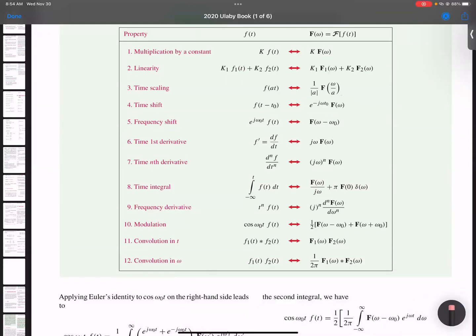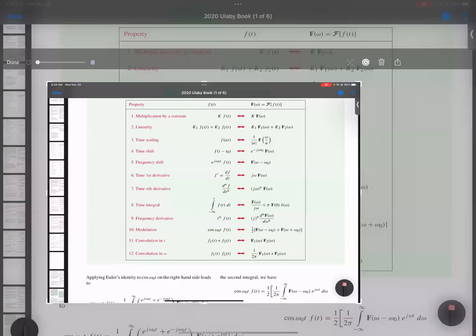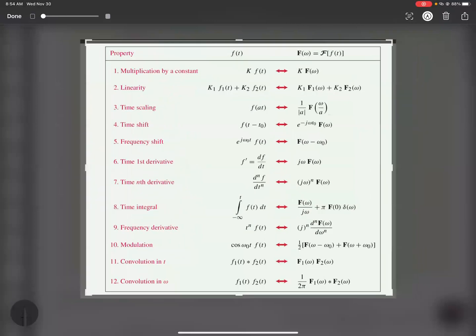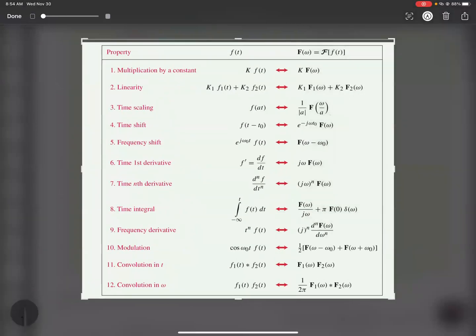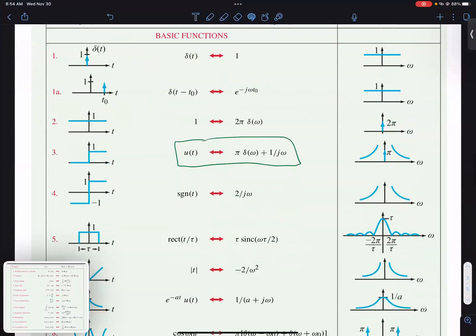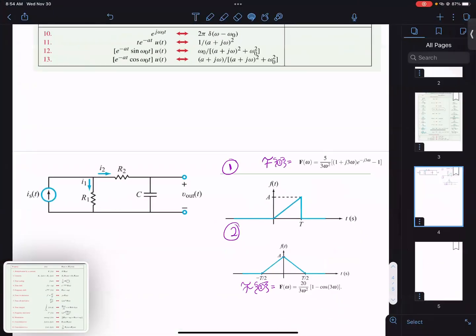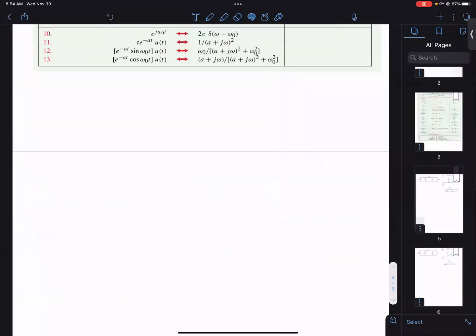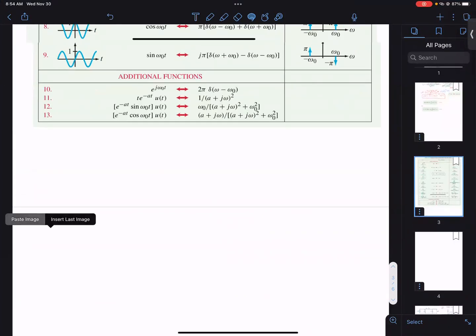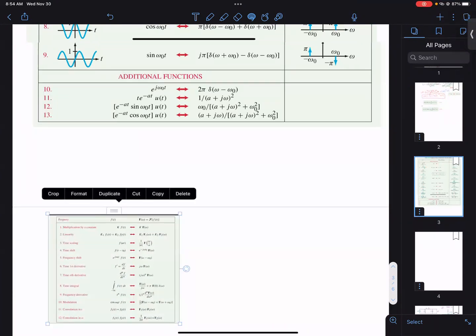And the book goes through the derivations if you have interest in those.